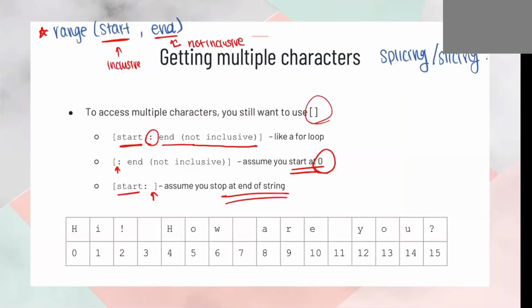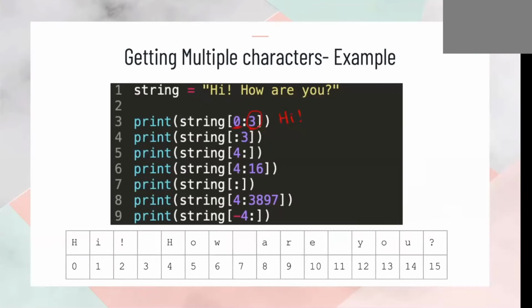You guys remember, if there's nothing there at the very beginning, then you could assume that you start at 0, kind of like how there were shortcuts when you did range. So for this one, assume that the index starts at 0, and yes, exactly.